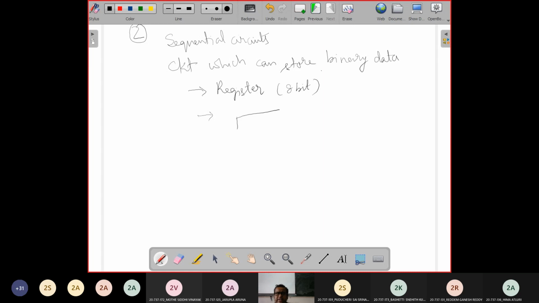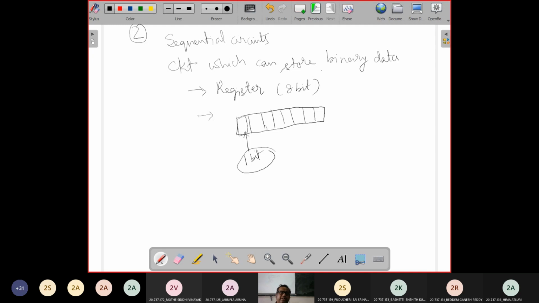So what is this register? Register is nothing but something like this. I should have some storage space like this, with 8 blocks. So this is a register for us. Every individual block here is able to store 1 bit of data.